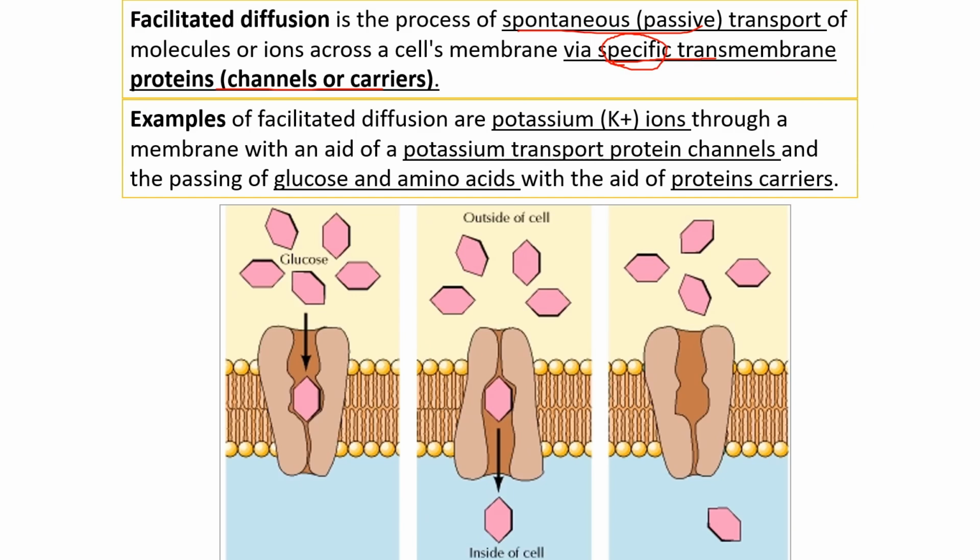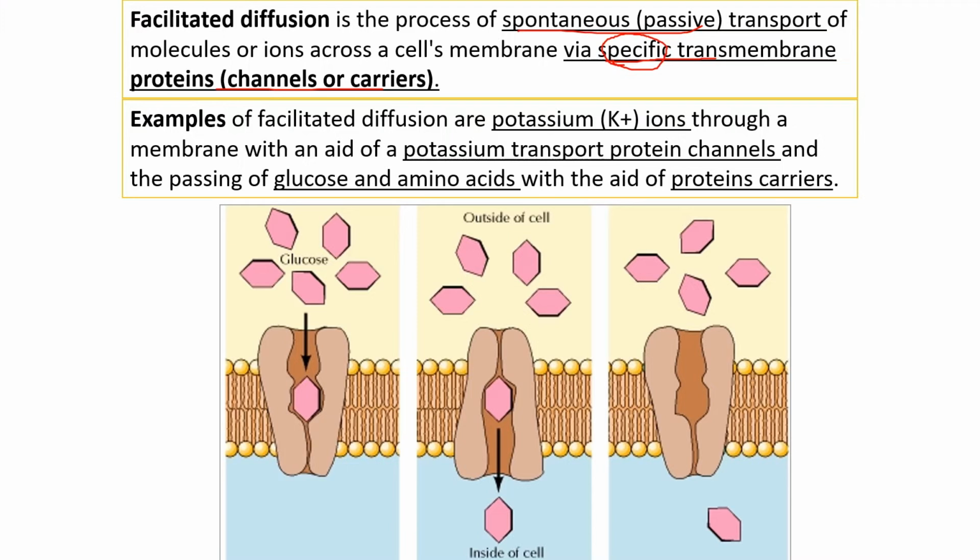So this is why they call it that. Examples of facilitated diffusion are potassium ions, which I already showed, and also glucose and amino acids, which also move like this with the help of protein carriers.